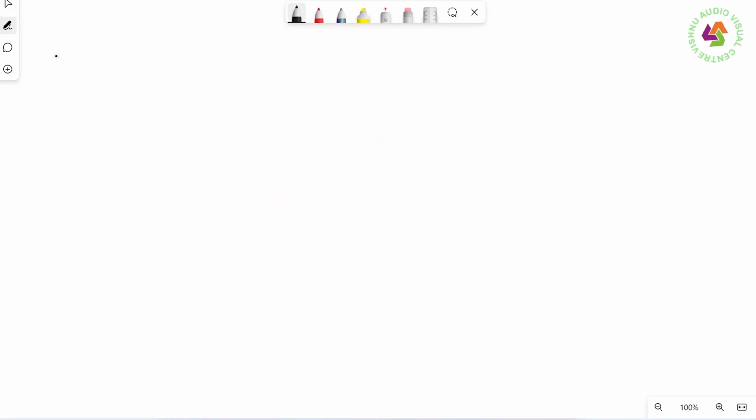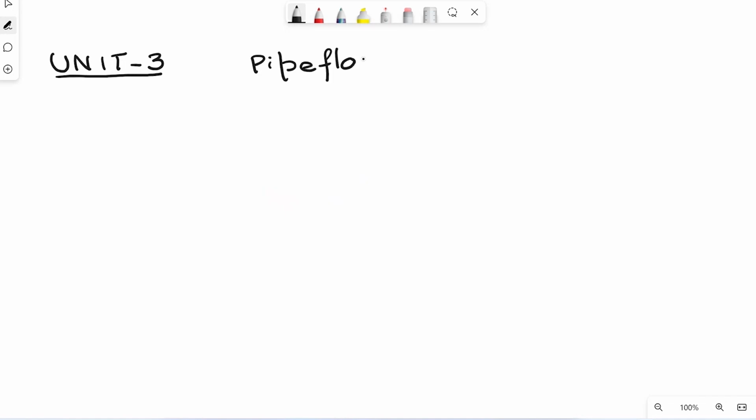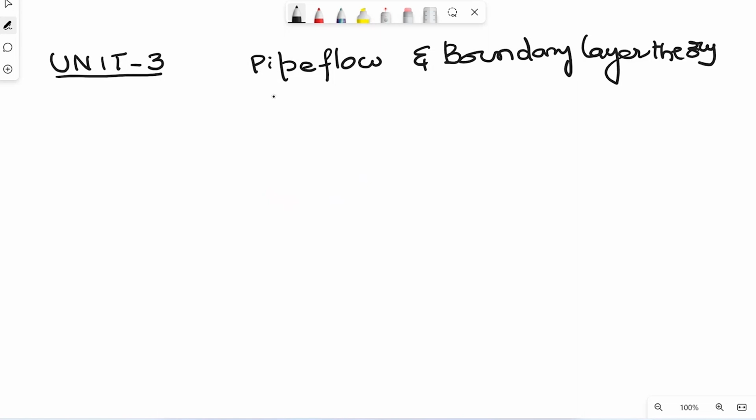We have unit 3, pipe flow and boundary layer. So this is part 1 and this is part 2.